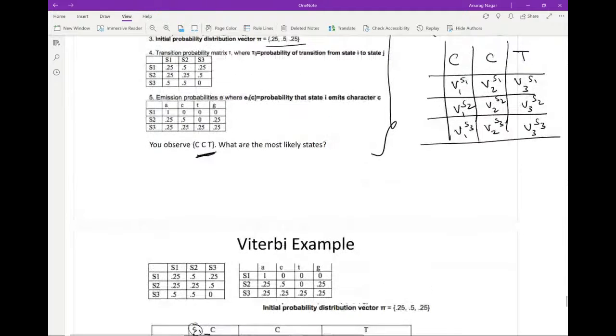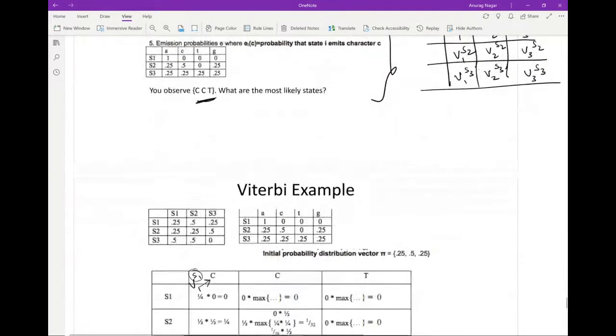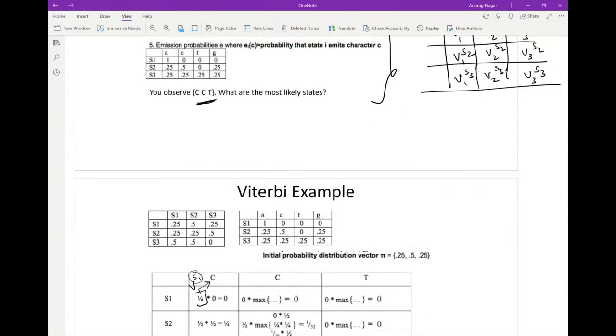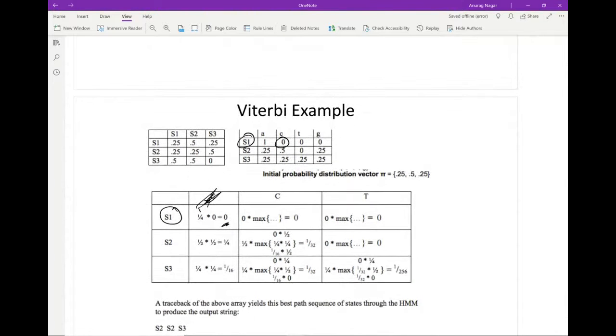So starting in state S1 is 1 over 4, and S1 and C, is that even possible? S1 and C is 0. So the first entry is 0. Then S2: the probability of starting in S2 is 50%, and S2 and C is 50%, so it's 1 over 4. Then starting in state 3 is 1 over 4, and S3 and C is 1 over 4.